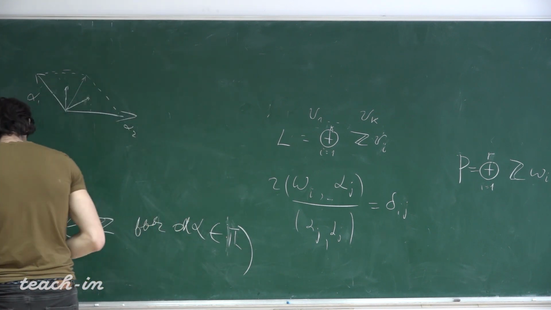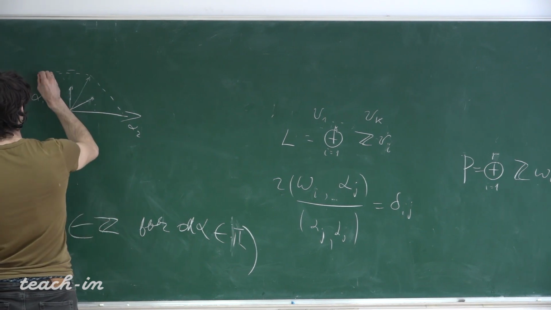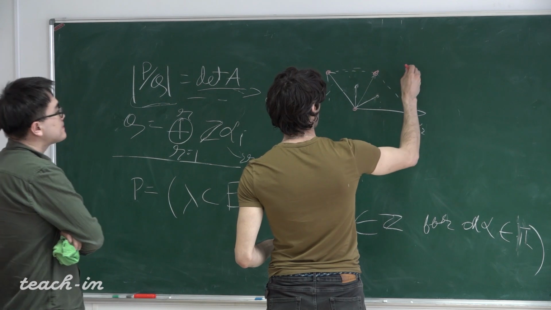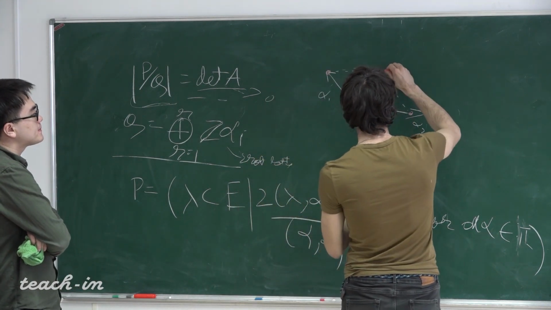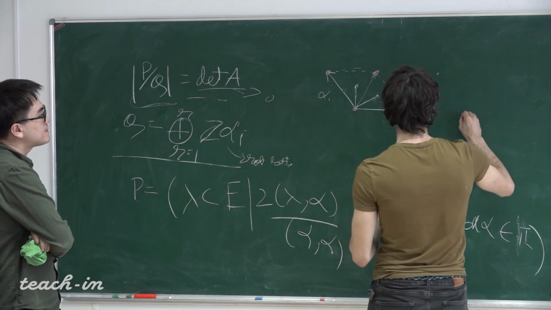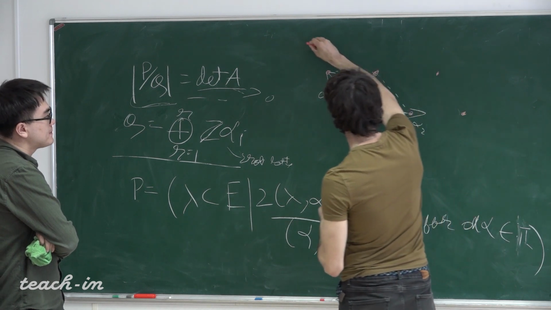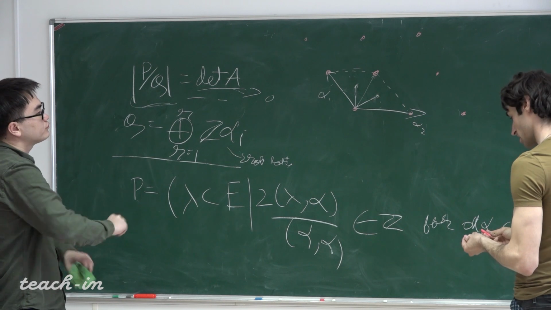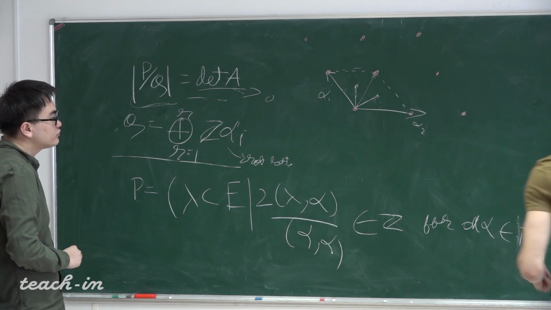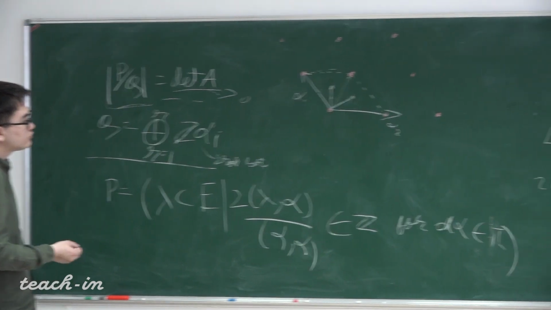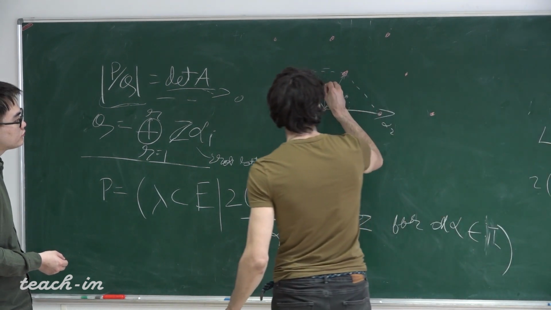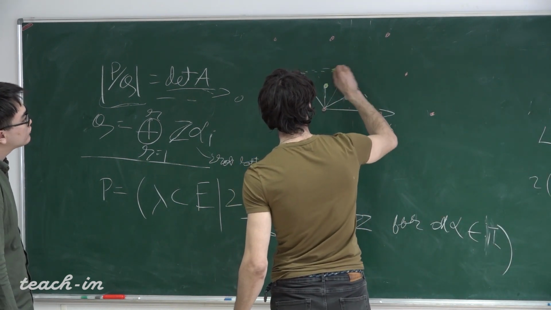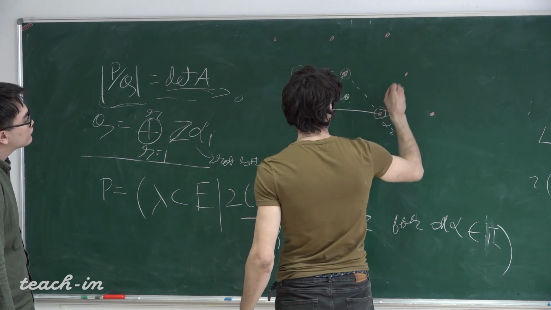And so the root lattice is this thing. Then you just need to draw all the parallelepipeds and find all these vertices. So this is the root lattice. And the weight lattice in this case is this, and this as well, and more.